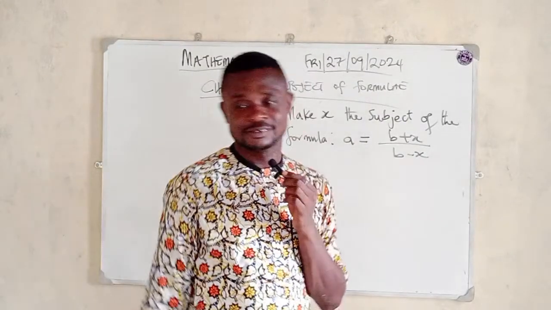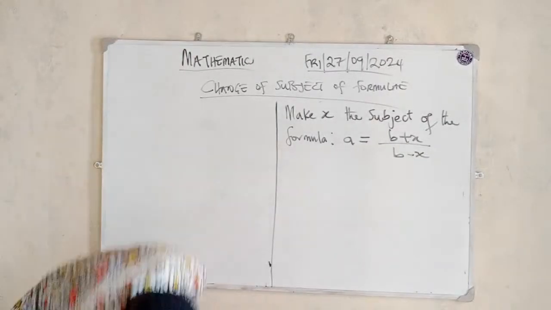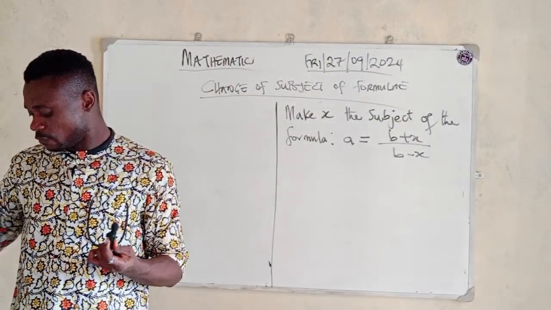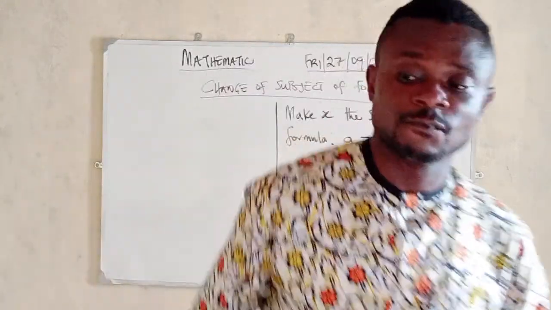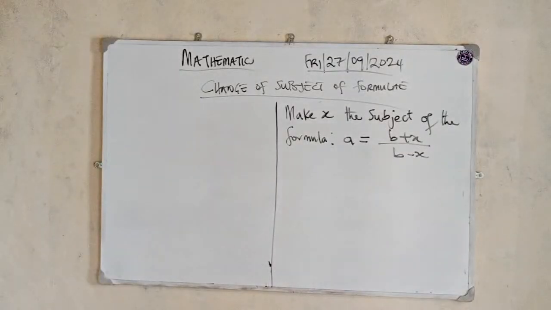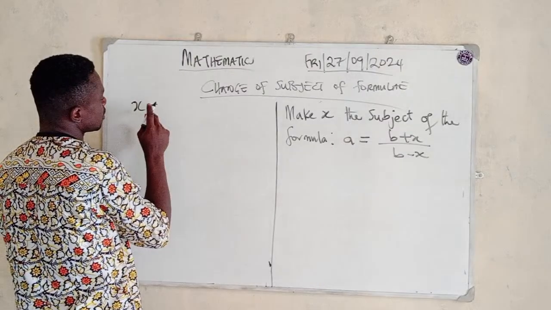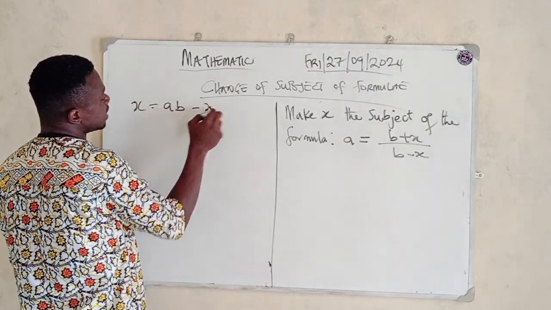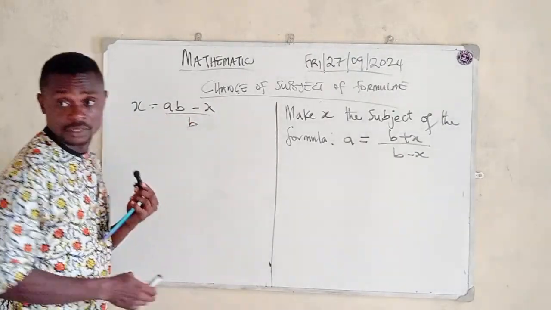It's going. This is simple now. Very good. Very simple. What's the answer? X equal to what? A B minus X over B?